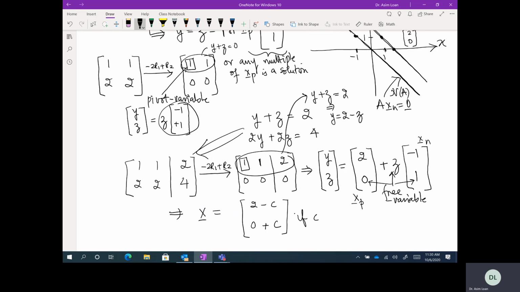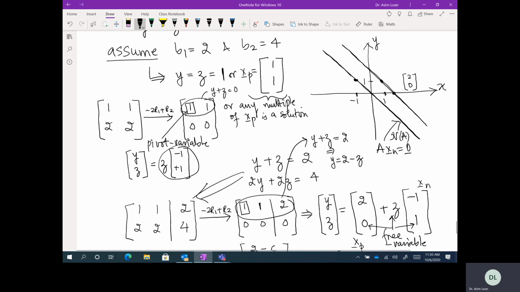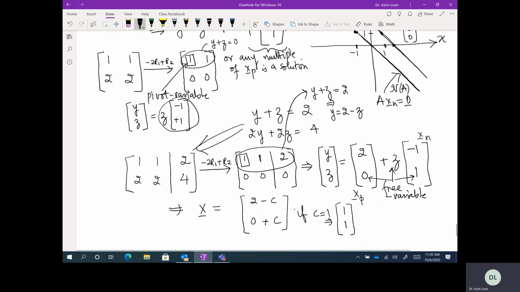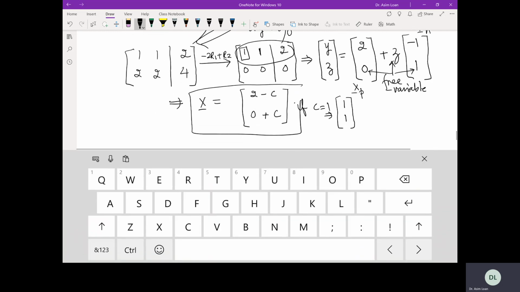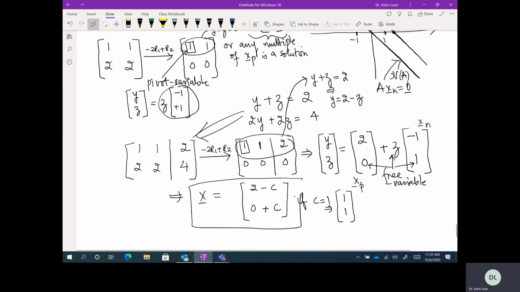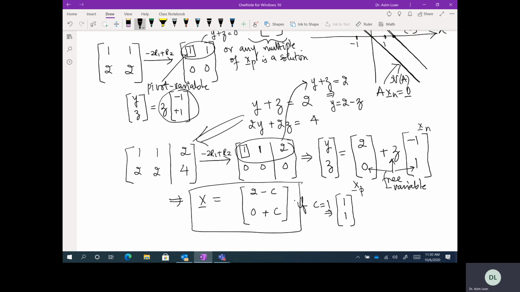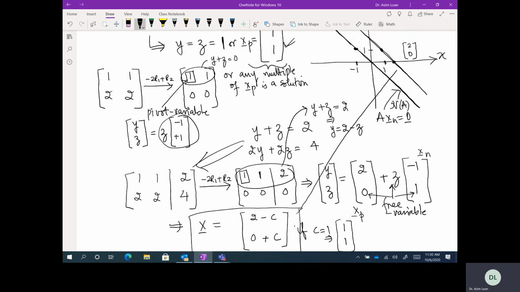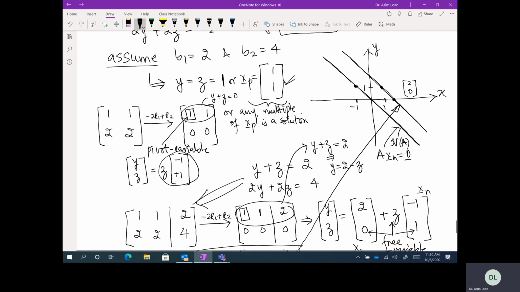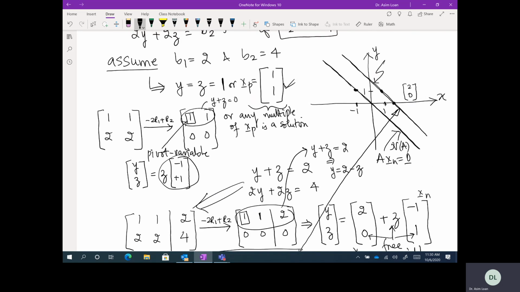So if c is equal to 1, then this is 2 minus 1, 1, and this is the solution that we said here. In general, this is the solution of x, and this lies along this line. So this is the line of all solutions, x, which is equal to xp plus xn.